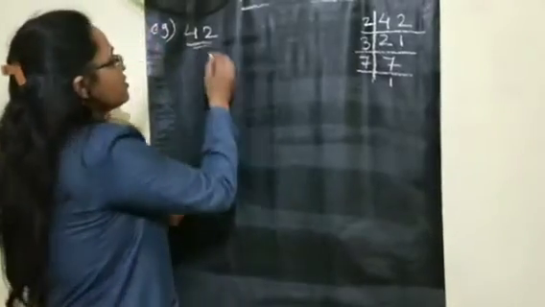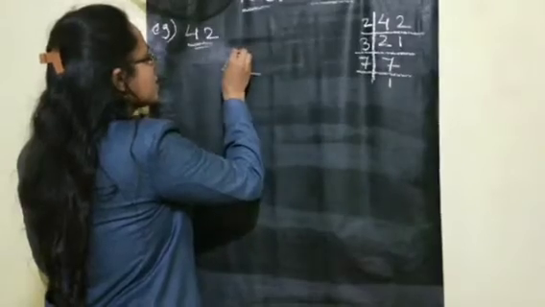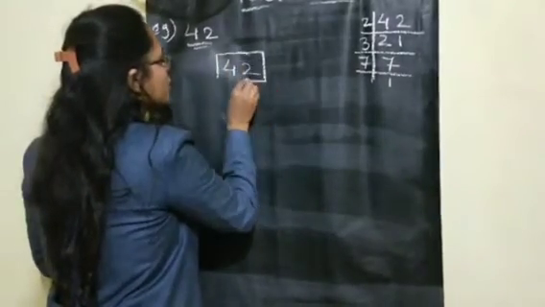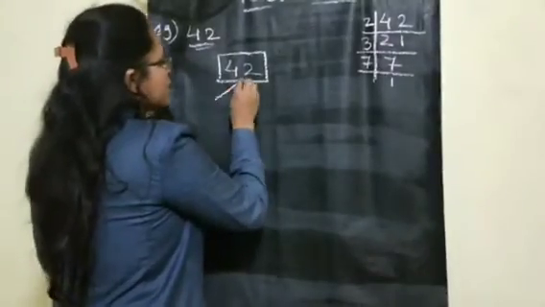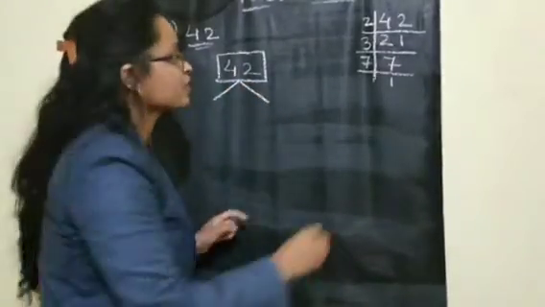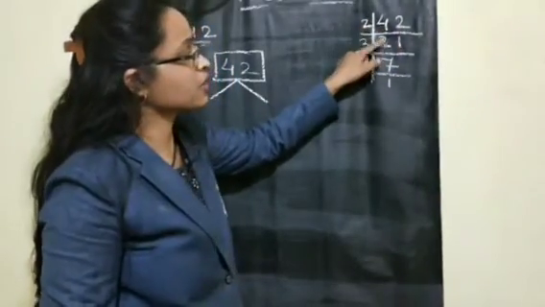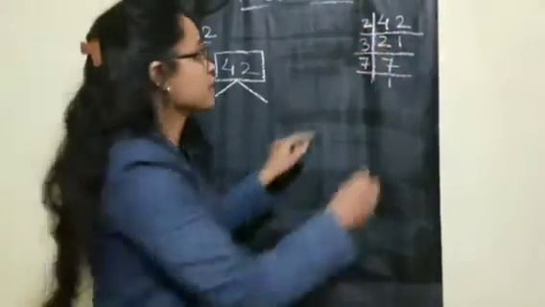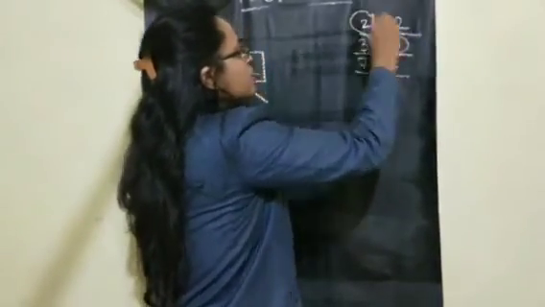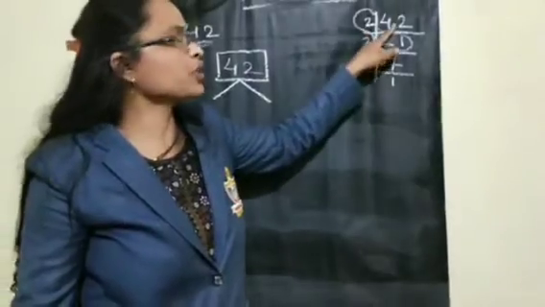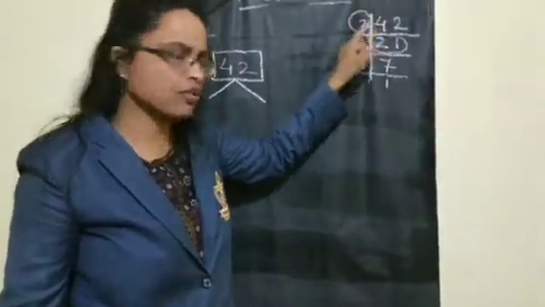How to show it? First you write 42 here, children. The starting number is 42. Now how can we split this 42? We can show 42 in the form of 2 multiply by 21, and you will get 42.